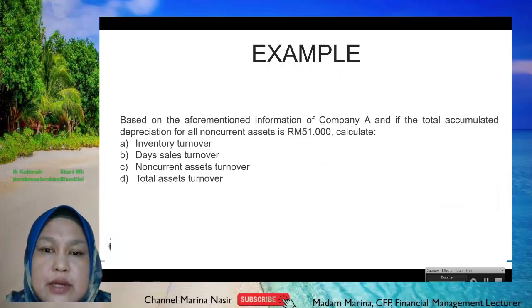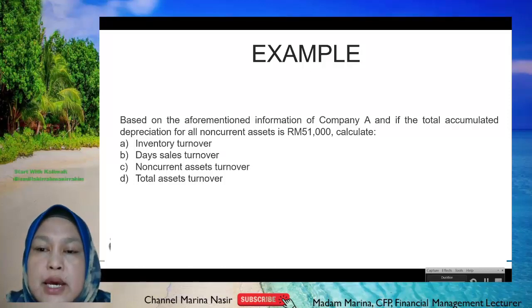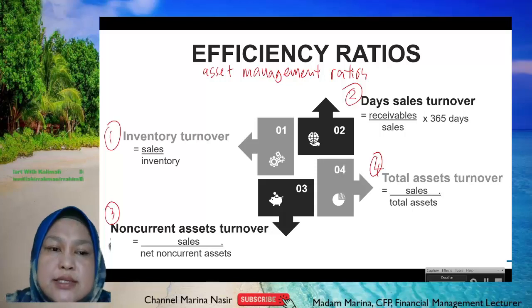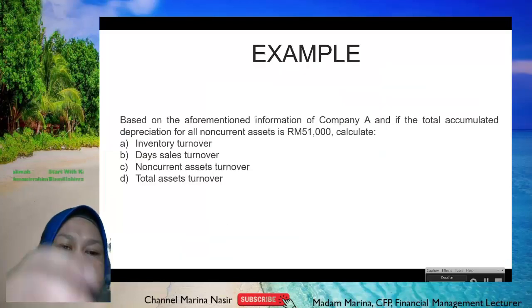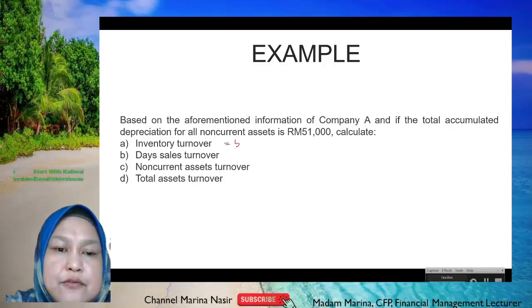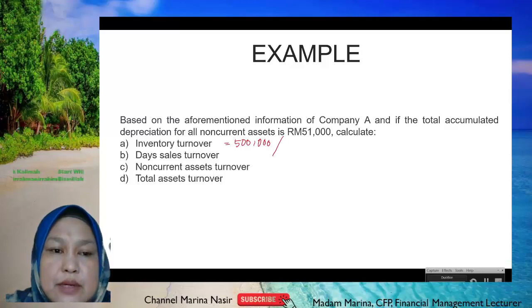The first one, based on the aforementioned information of company A, means the previous information, and the total accumulated depreciation for non-current asset is 51,000, calculate inventory turnover. How to calculate inventory turnover? Sales divided by inventory. Our sales is 500,000 divided by inventory.